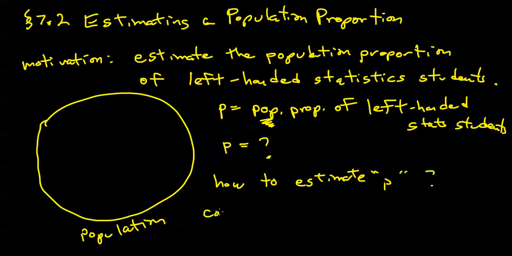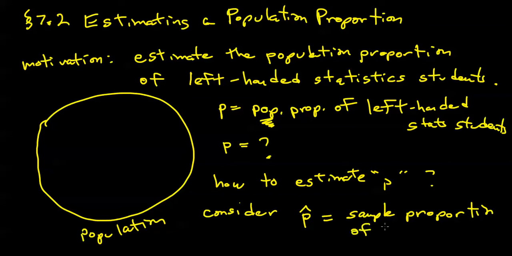Well, what we're going to do is, instead of dealing with the whole population, we'll consider p hat. P hat, that's all this terminology means. I've commonly referred to as p hat, p with a little caret above it. P hat is a sample proportion. And for this example, I'm going to let p hat equal the sample proportion of lefties, left-handed statistics students.